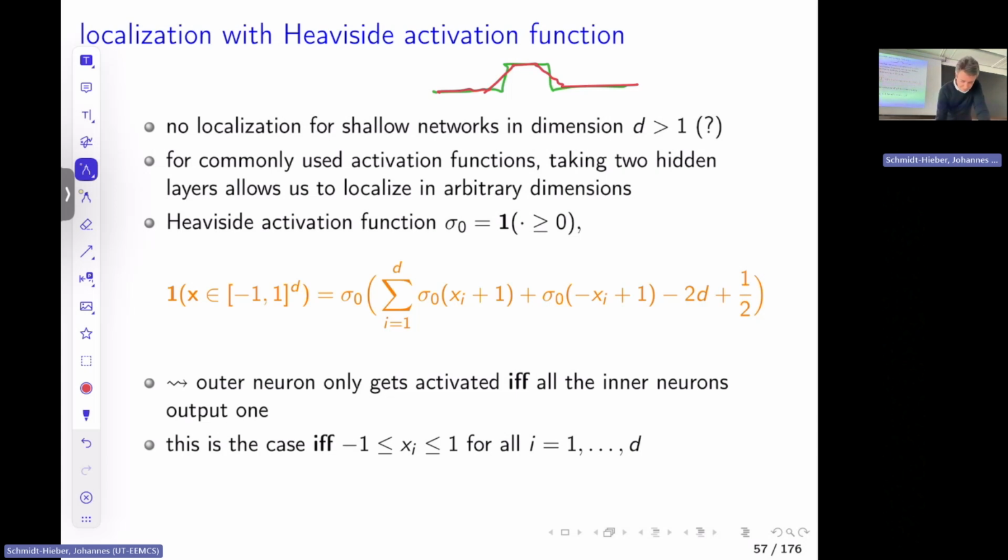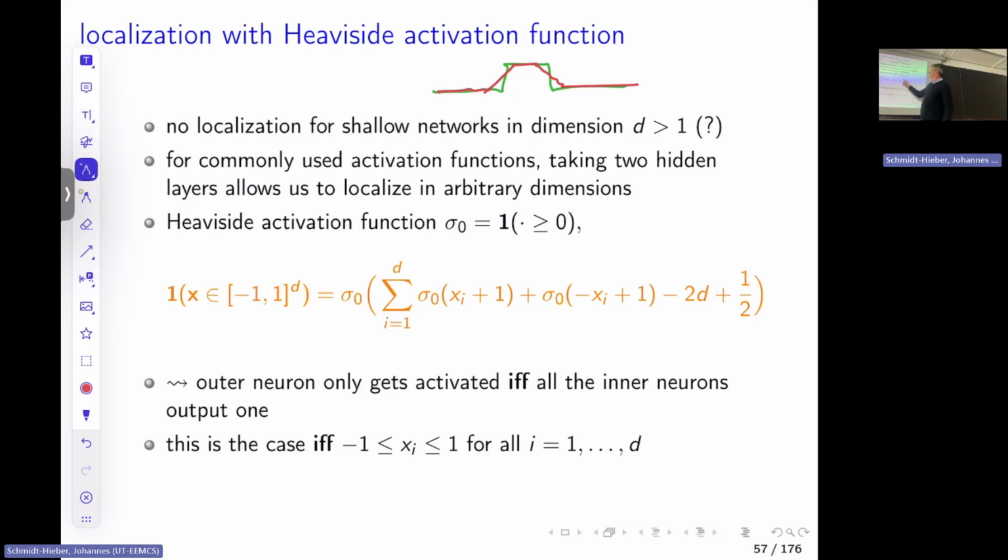Because this is a sum here, which at most can be 1, this can be at most 1, and here we subtract 2d. So if all of them are 1, then this becomes a half, and the output, the second layer, will give you a 1. Okay.